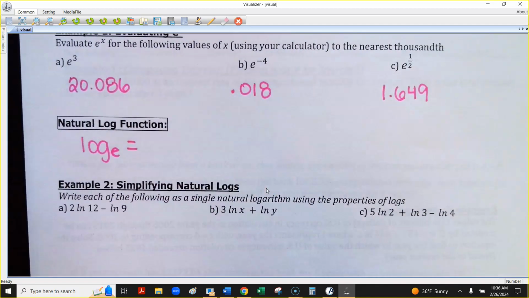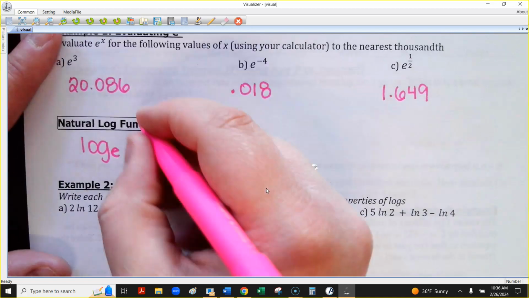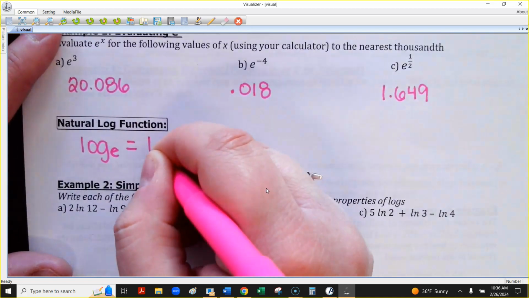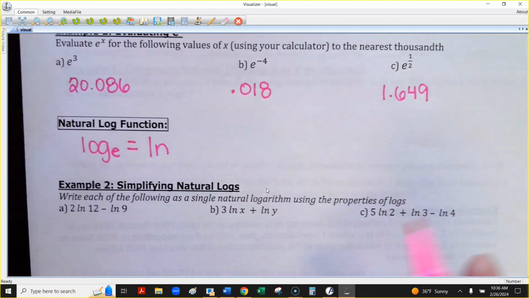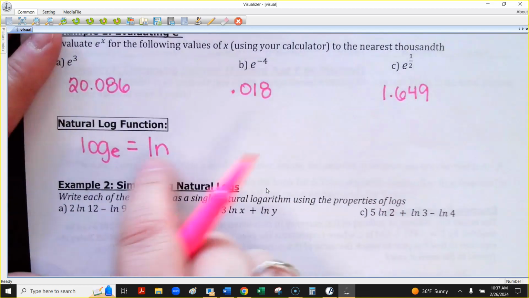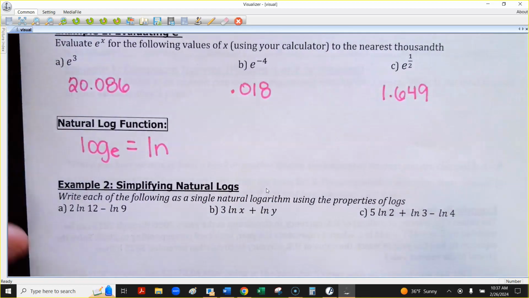So all of these questions today, you can actually evaluate them on your calculator. It looks like an I, but it's actually a lowercase l and an n. And in my mind, I call it log naturel, but I think that's probably wrong. But it's the natural log, but I don't know why it's ln instead of just nl, but whatever. So the natural log is just a log base e.